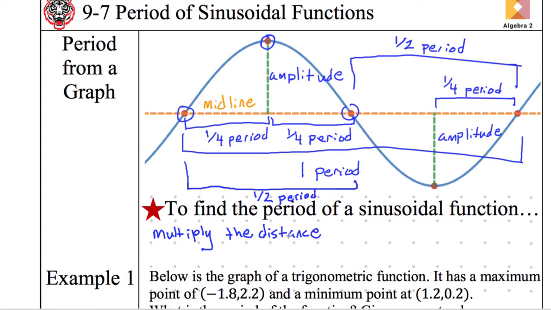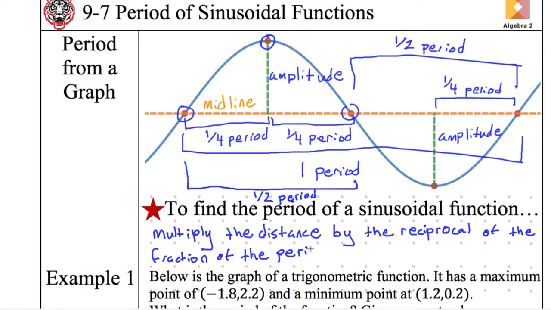So, for example, if I said I found that the distance between the midline and the amplitude, this maximum point, is 2, you take that distance and you multiply it by the reciprocal of the fraction of the period. That sounds very convoluted, and I probably could have said that better.